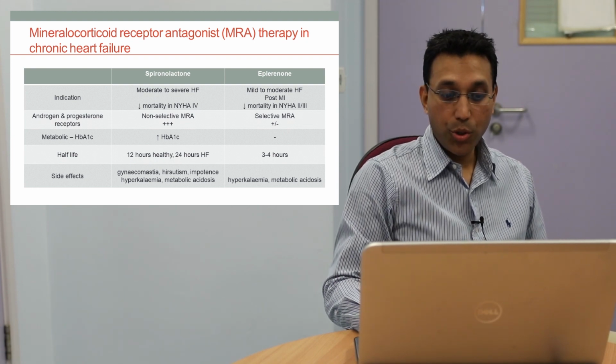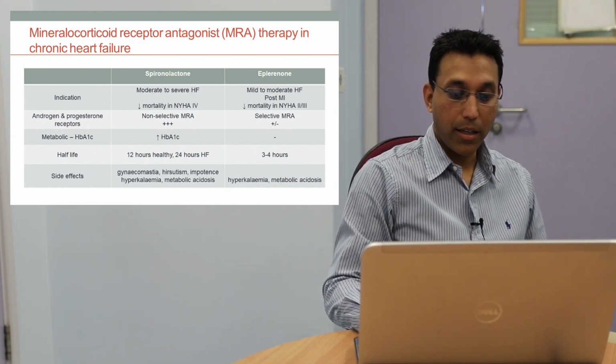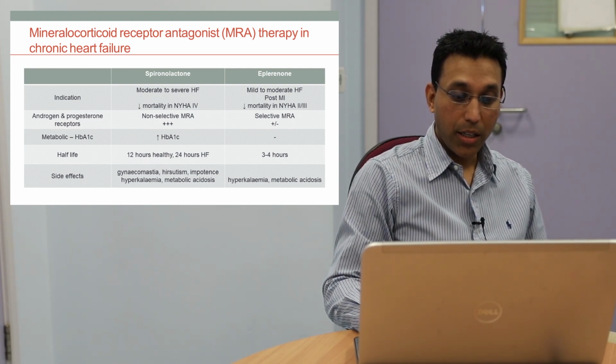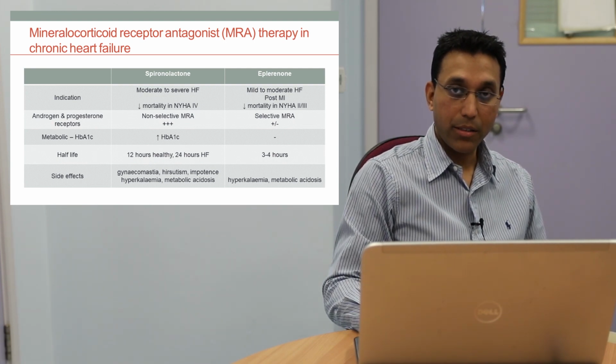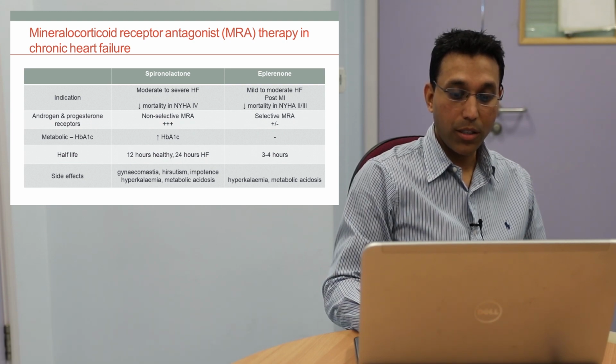So it's often my drug of choice in younger men, particularly in view of the side effect profile and also to improve compliance. Eplerenone does not affect any metabolic parameters, glucose, cortisol, while spironolactone is associated with increased plasma HbA1c and cortisol levels in patients with chronic heart failure.